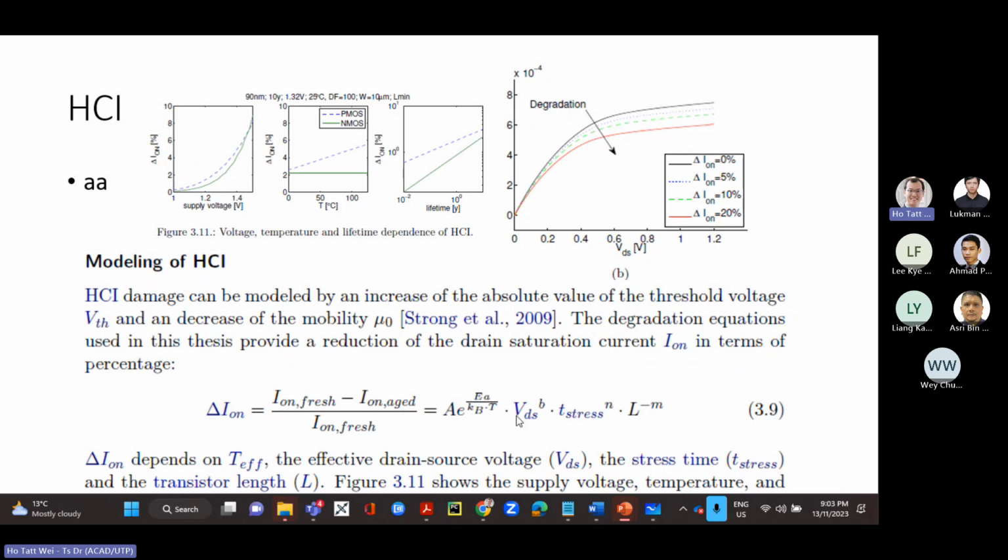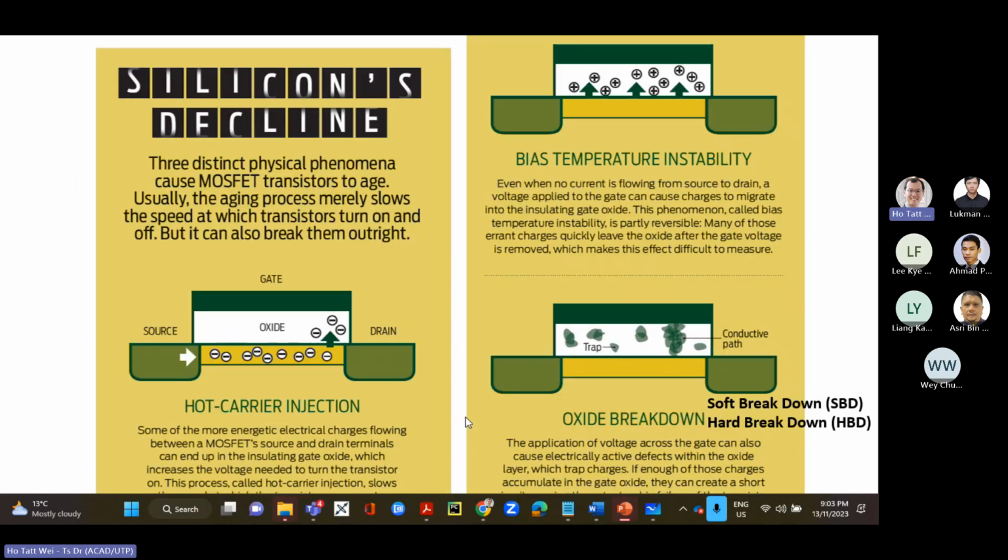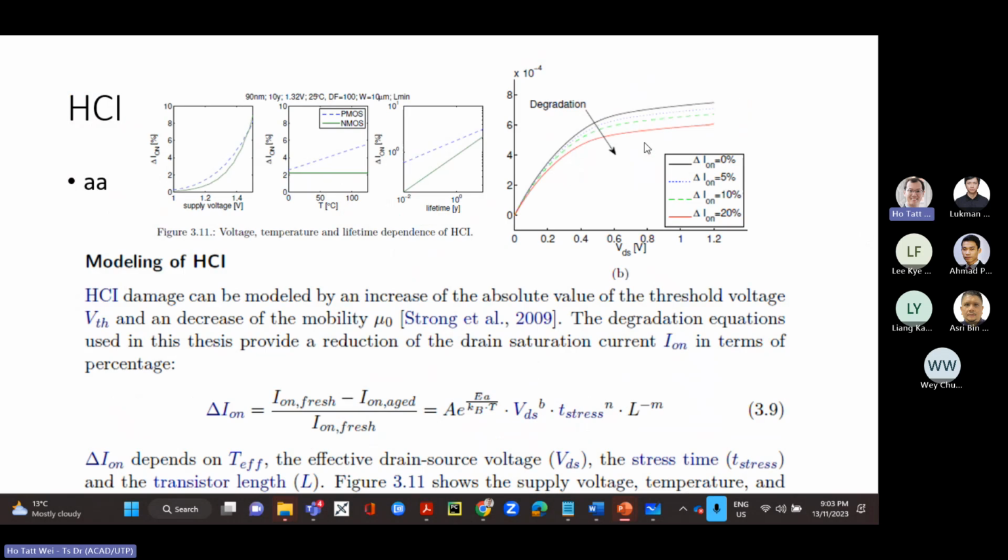So you can still calculate all of this, except that this is now a function of VDS, not VGS. VGS for BTI is basically the gate to source voltage, how strong you're pulling the charges here. For HCI it's actually VDS, the voltage across here, how strong you're pulling the charges here. So they are different voltages, right?